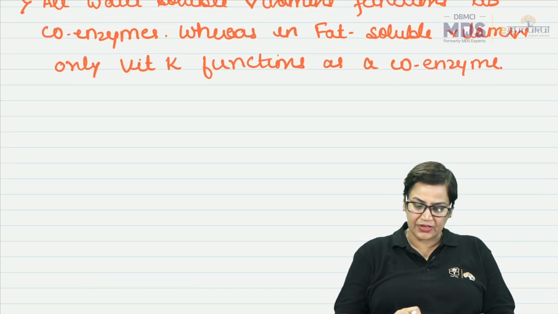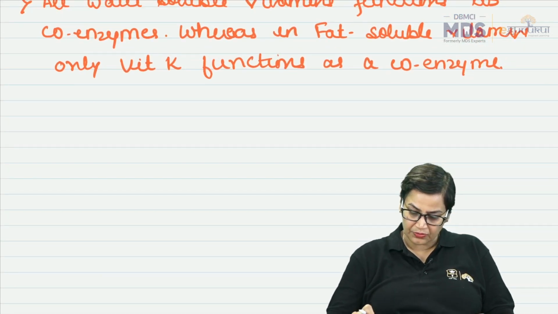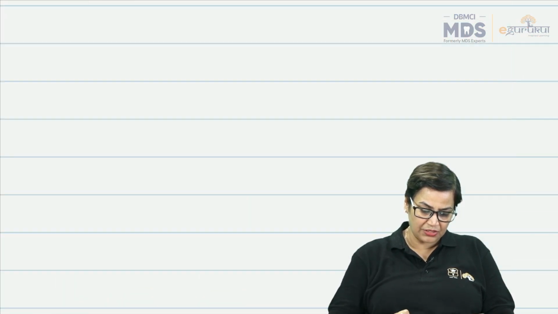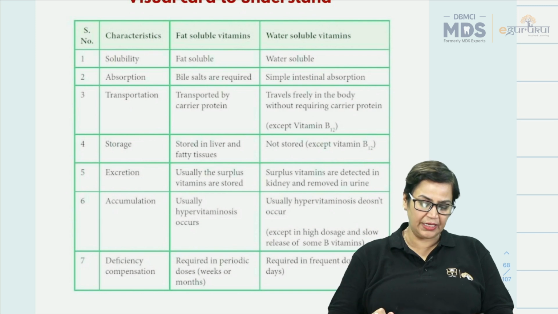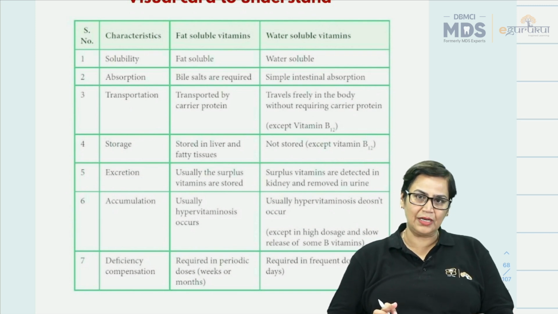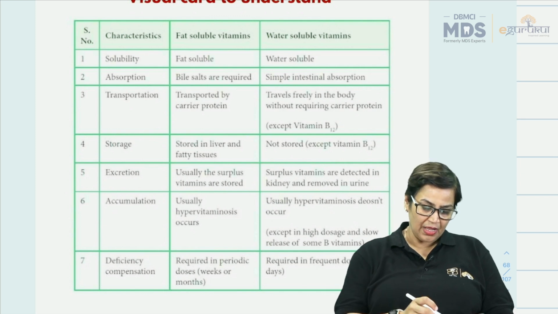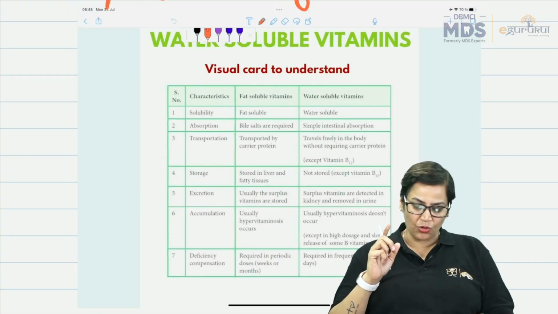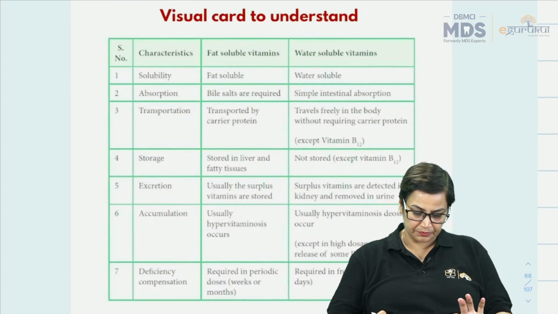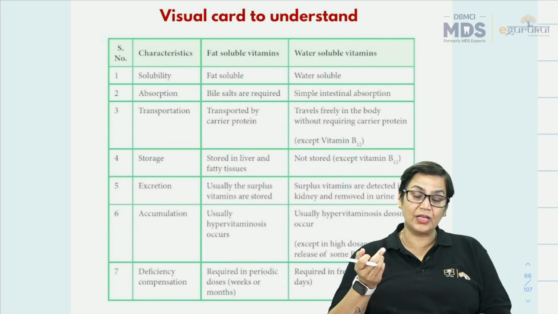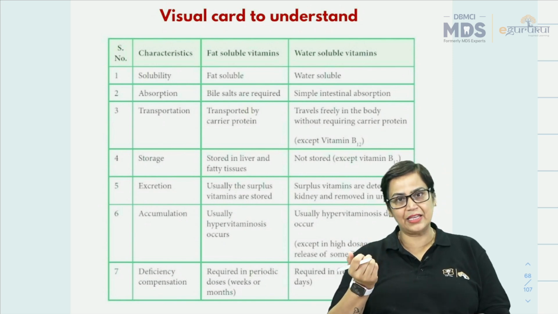Now, there is a very interesting chart of water-soluble and fat-soluble vitamins. Now, see, if we look at solubility, you can see that fat-soluble vitamins are soluble in fat, and water-soluble in water. If we talk about absorption, since fat-soluble vitamins are not soluble in water, they will always require a carrier protein.